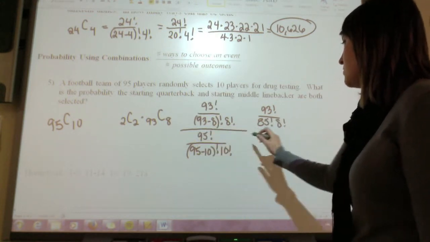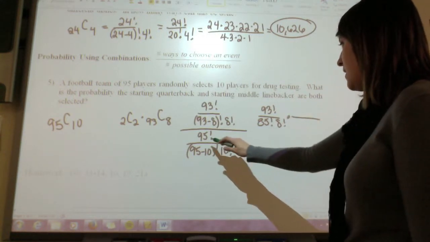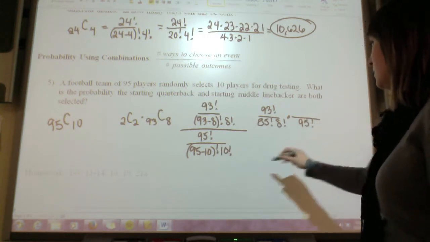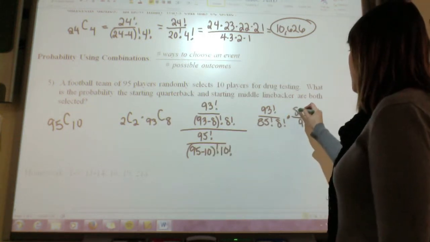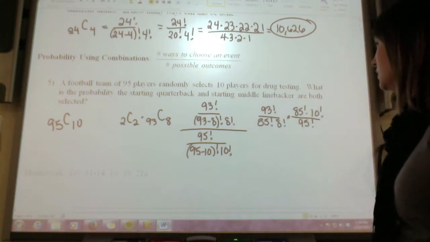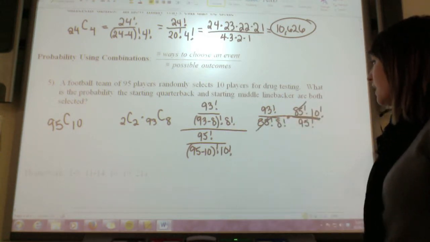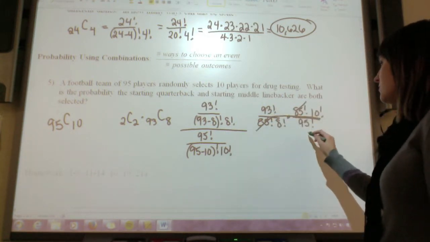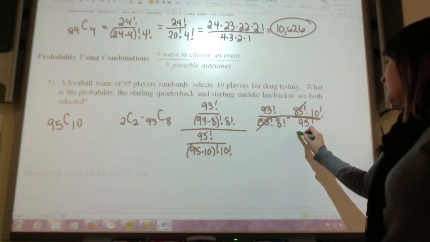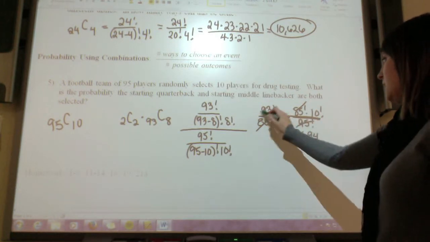Notice that dividing is the same thing as multiplying by the reciprocal, so I'm just going to write it that way. This is still 95 factorial, and this one simplifies down to 85 factorial, 10 factorial. Well, these 85 factorials are going to cancel out. 93 factorial over 95 factorial, if I think about that, is the same as just 95 times 94, and then everything else will cancel.